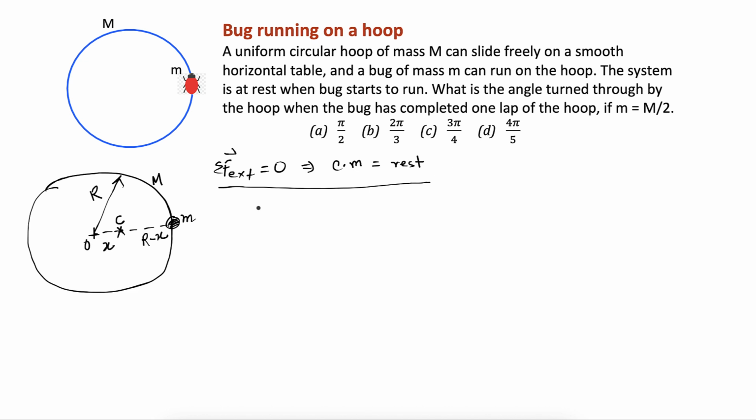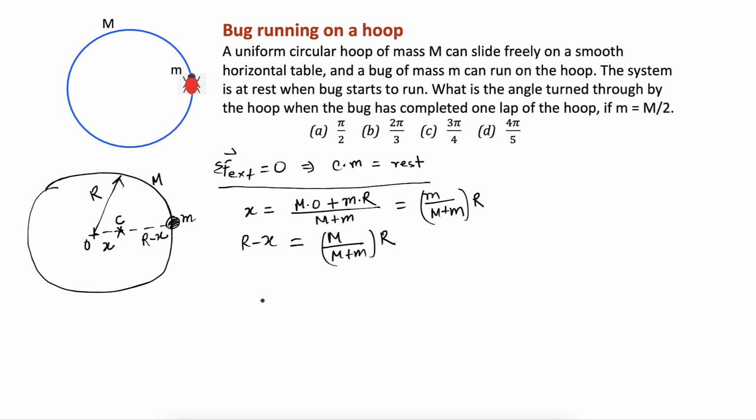So we can compute the CM, which is x, as (M into 0 plus m into r) divided by (M plus m), which is m by (M plus m) r. And therefore, we can also say that r minus x is simply M by (M plus m) r.